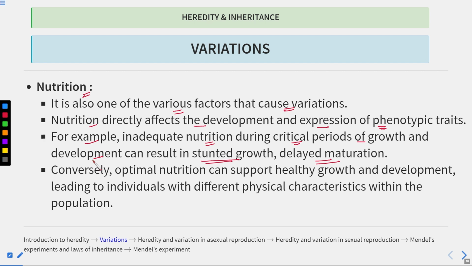Clear? Conversely, optimal nutrition can support healthy growth as well as development, leading to individuals with different physical characteristics within the population. Clear? So this is the role of nutrition in generating variations.